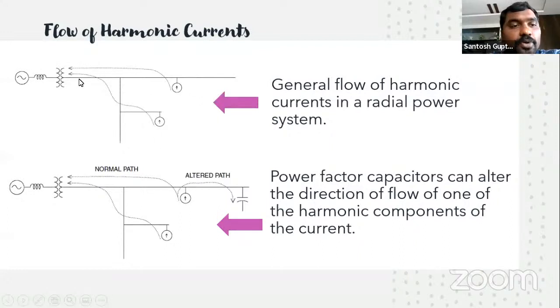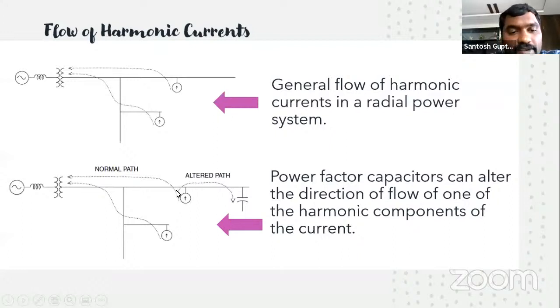When you place a filter designed for the 5th harmonic, whatever 5th harmonic is generated in this nonlinear load will pass to this particular filter and flow to the ground.